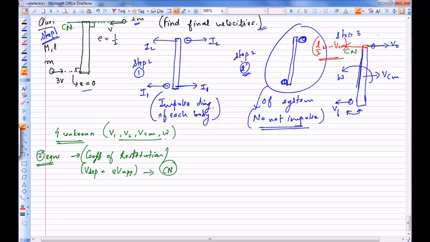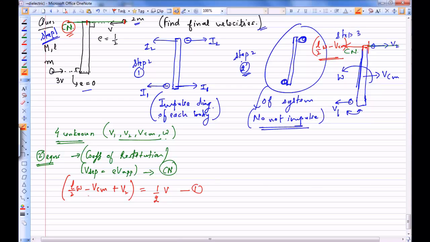So V separation at the topmost point would be L by 2 omega minus VCM plus V2. This is our velocity of separation at this contact surface, and it is equal to E, which is given to be half, into the velocity of approach. I need to find the velocity of approach of this point and this point along the common normal just before collision. So it comes out to be V. So this is our equation 1.